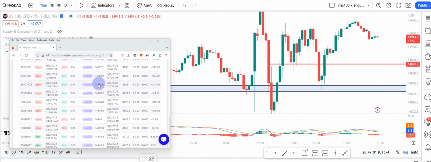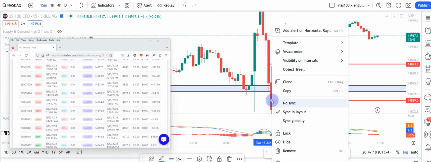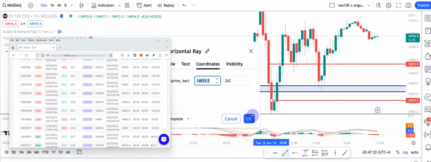No, this was a buy trade. Yes, I got stopped out on the next candle. Let me see. 14, 8, 2, 6 flat.